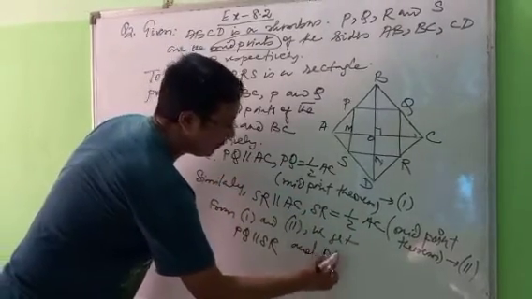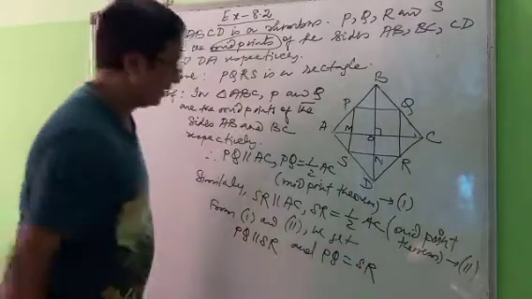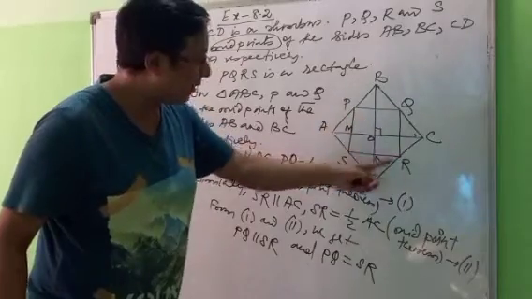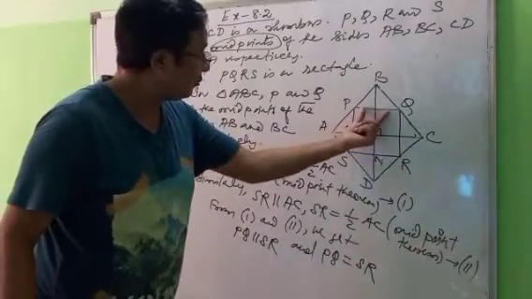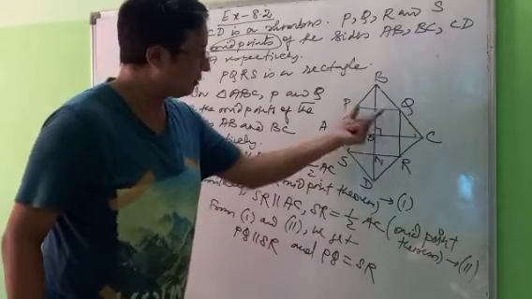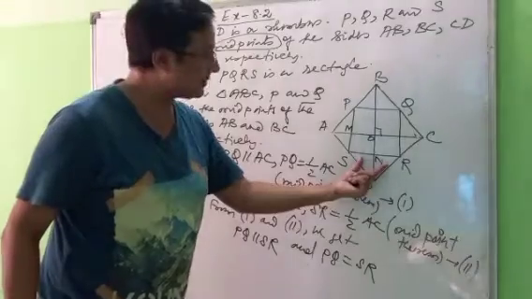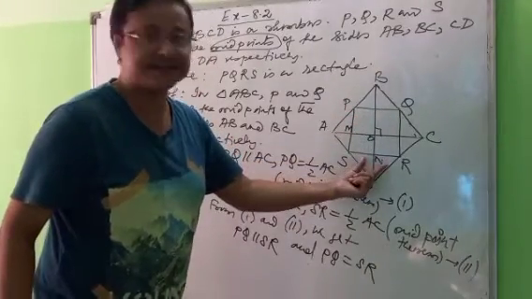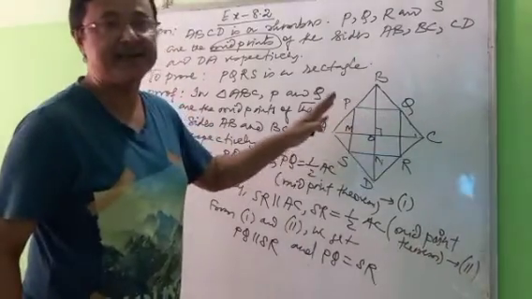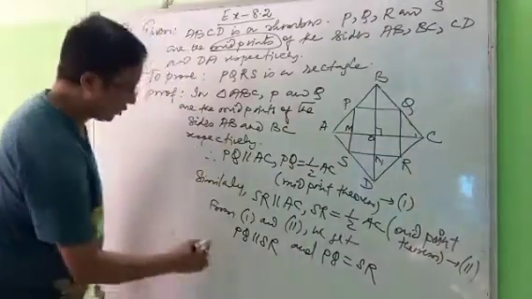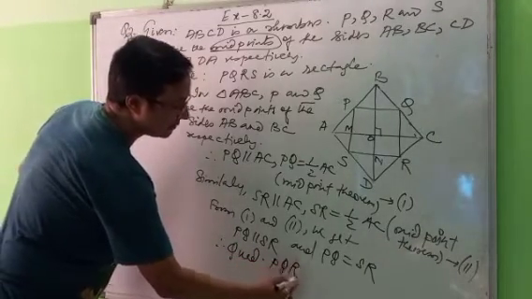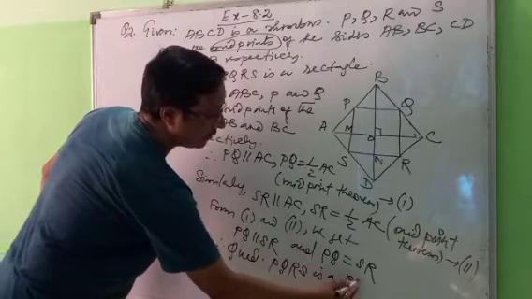So PQ equals SR. Now you see from this, in this quadrilateral PQRS, PQ is parallel to SR, PQ equals SR. That means you have seen that one pair of opposite sides is equal as well as parallel. So the given figure PQRS is a parallelogram. So therefore quadrilateral PQRS is a parallelogram.